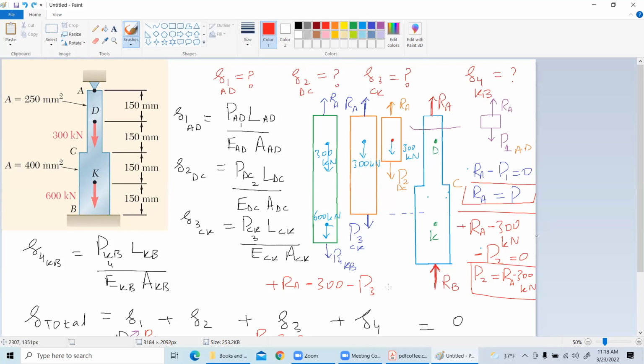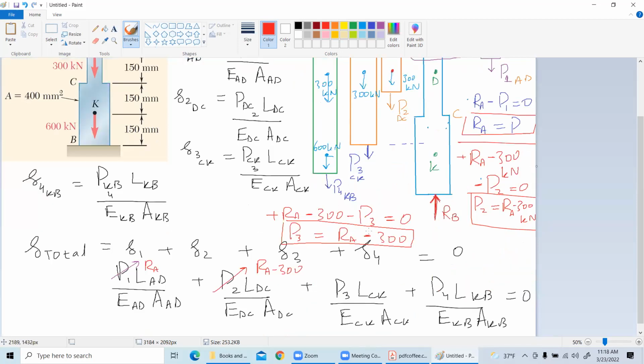So RA minus 300 minus P3 equal to 0, and we have P3 equal to RA minus 300. So wherever I see P3, I put RA minus 300.